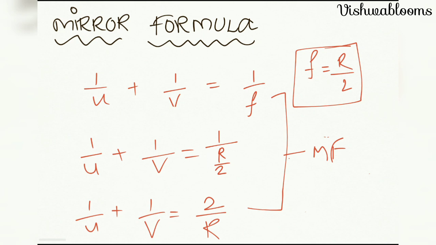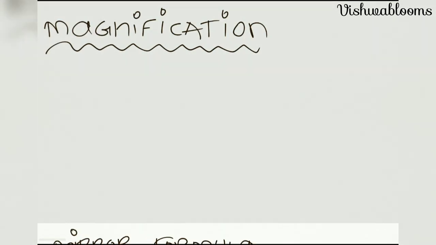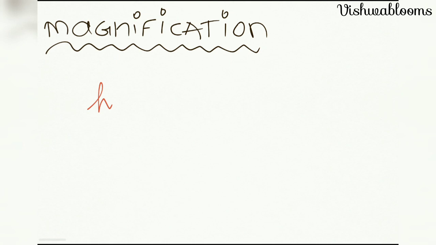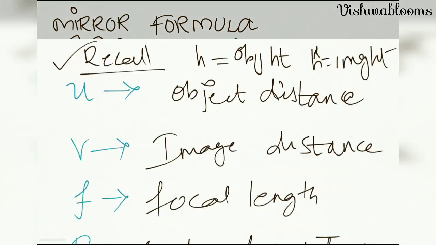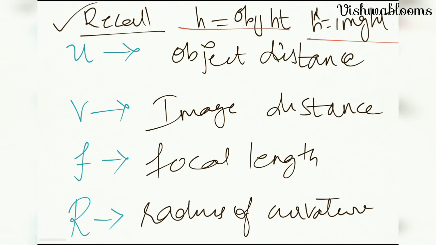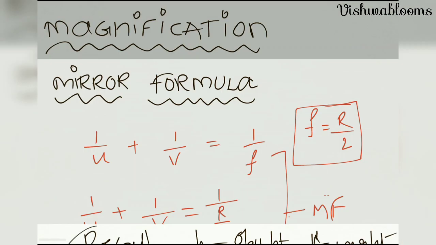Okay, so let's move on to the next part, that is magnification. Magnification is the ratio of height of image to the height of object. I have showed you what is h and h dash. h is object height, h dash is image height.